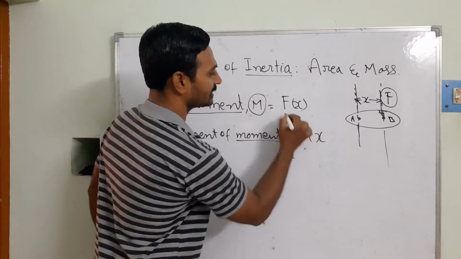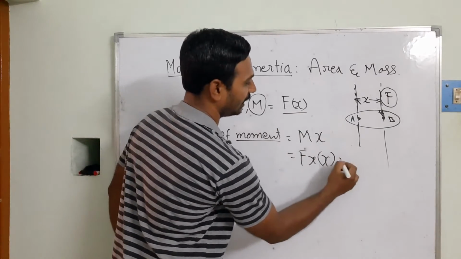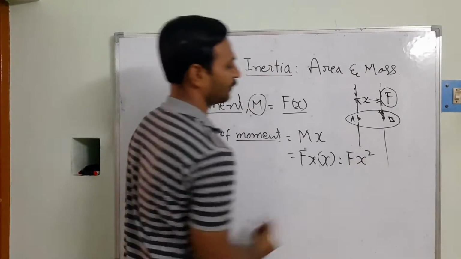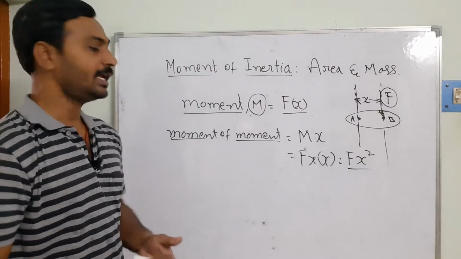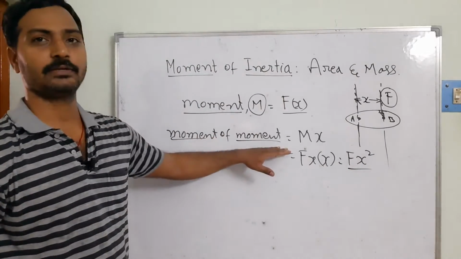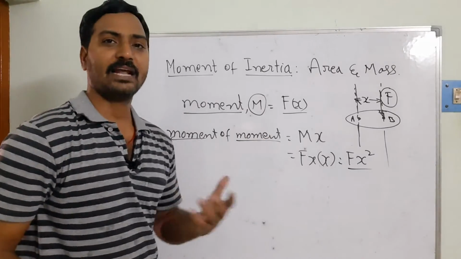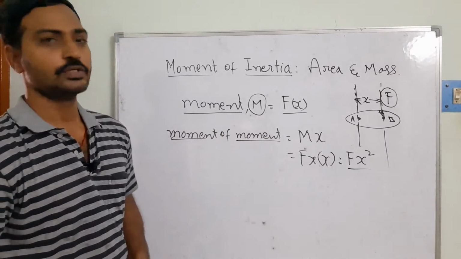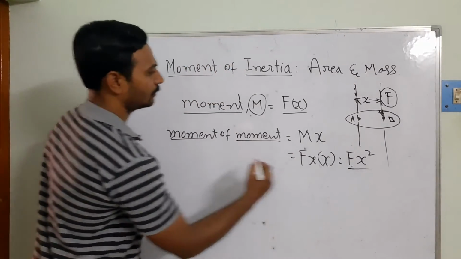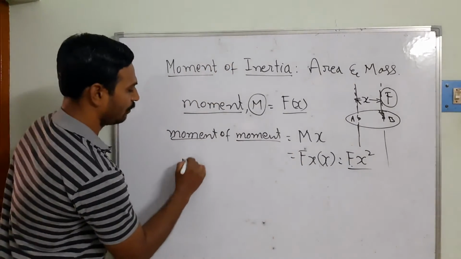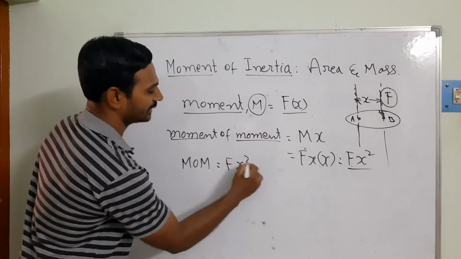So I am substituting these terms, F into X into X. Finally I get F X squared, and this quantity is called the moment of moment, or the second moment. The moment of moment, MOM as a shortcut, is going to be F into X squared.